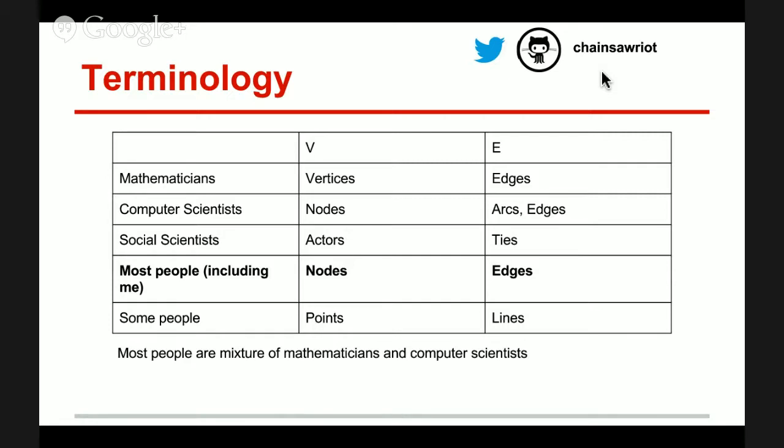But I don't like to call them actors and ties, so I just follow the computer scientists and call them nodes and edges. In the following talk I will use nodes and edges, although in the documentation of most software they use vertices and edges.